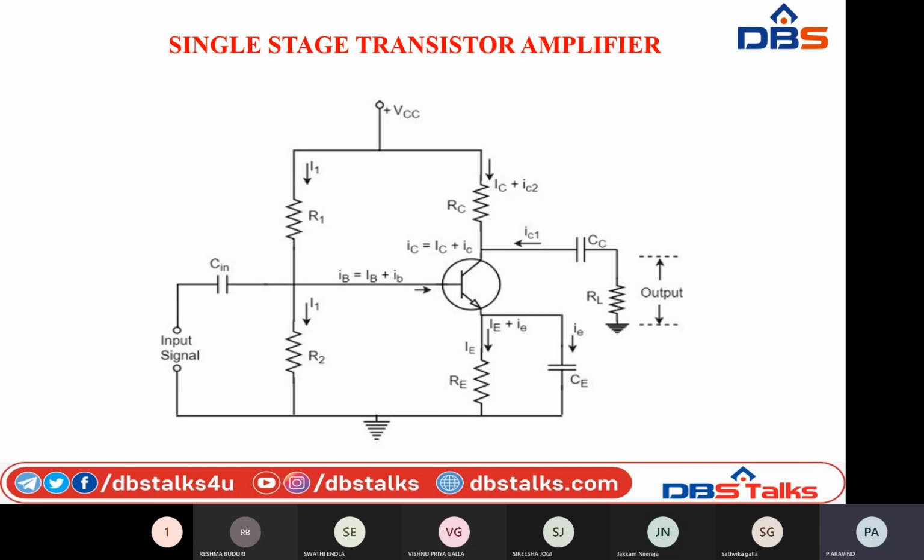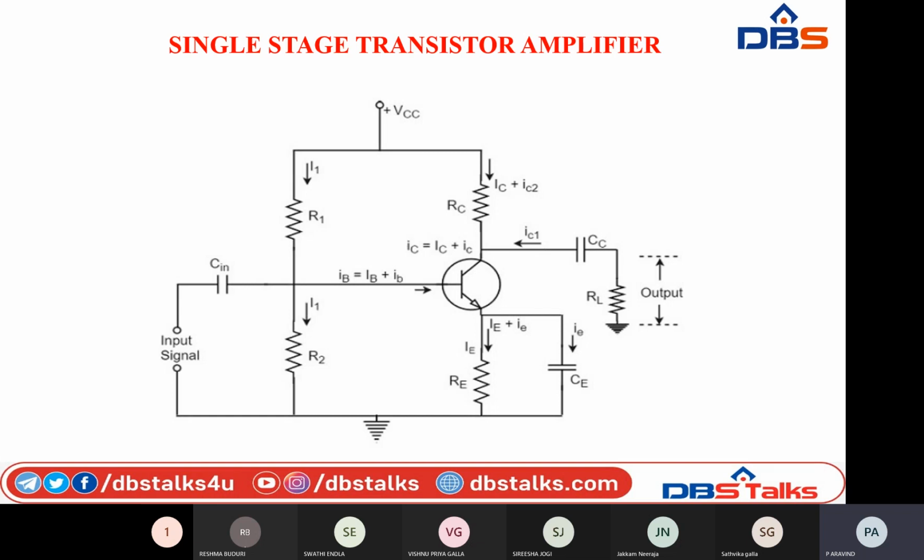Here, when a weak input signal is given to the base of the transistor, as shown in the figure, a small amount of base current flows, but due to the transistor action, a large current flows in the collector of the transistor.